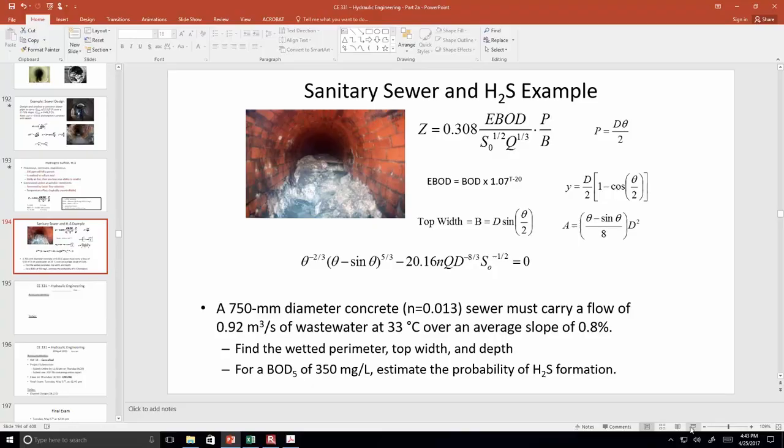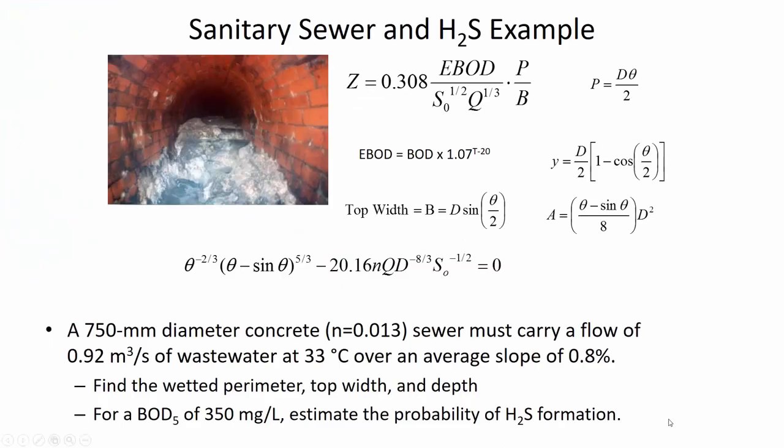So if we had more time, this is the example that we'd work, and I'm going to show you the solution to this in just a minute. We've got a sewer where we know the diameter and how much flow is going to go through here, the temperature of the wastewater and the slope. So the first thing we'd need to do is kind of just a geometry analysis, because the EBOD formula needs to know the wetted perimeter and the top width.